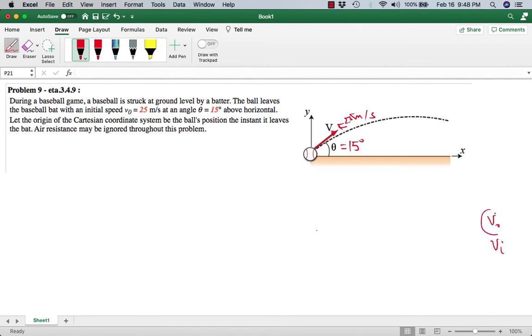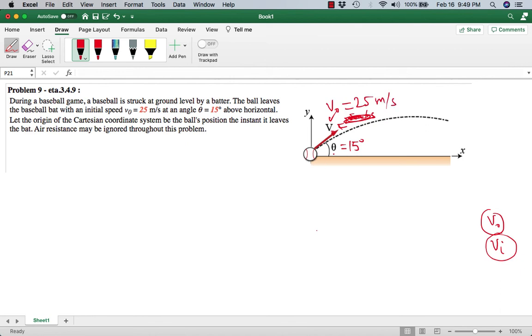Basically Vo and Vi are the same symbol for initial velocity. So this velocity is Vo, initial velocity, which is 25 meters per second.